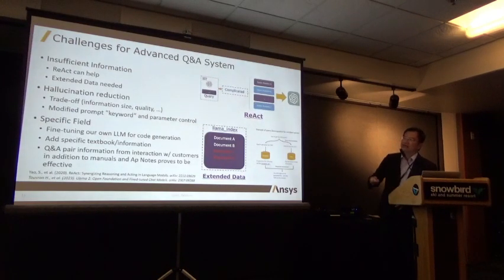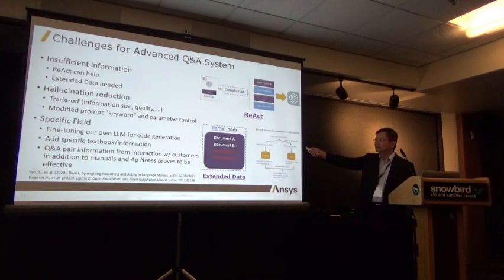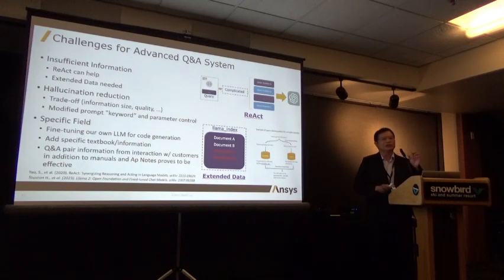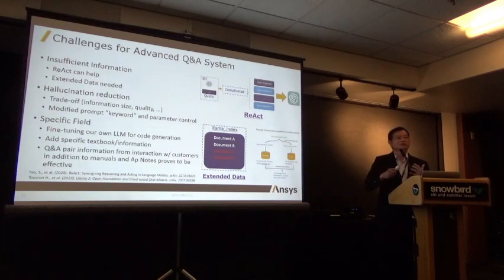There are other challenges that we need to overcome. One is how do we handle complicated questions? For example, this is one of the questions: how do we get the shortest path report from the system? If you want the shortest path report in terms of the resistance calculation from one node to another node, first you need to set up and execute the command to get the shortest path.